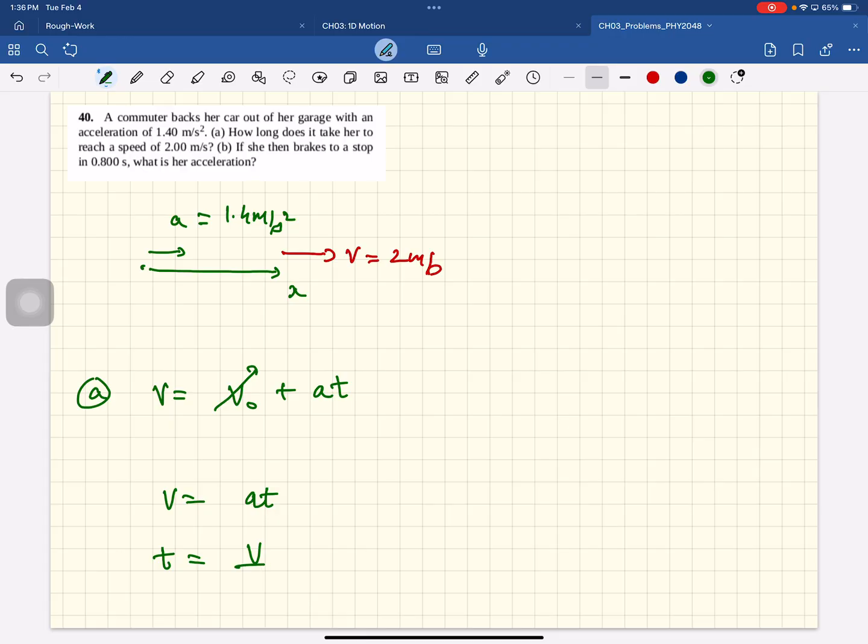T is the final velocity divided by the acceleration: 2 meters per second over 1.4 meters per second squared. Your meters per second cancels, you're left with a second, which goes on top there. So she reaches that velocity at 1.43 seconds.